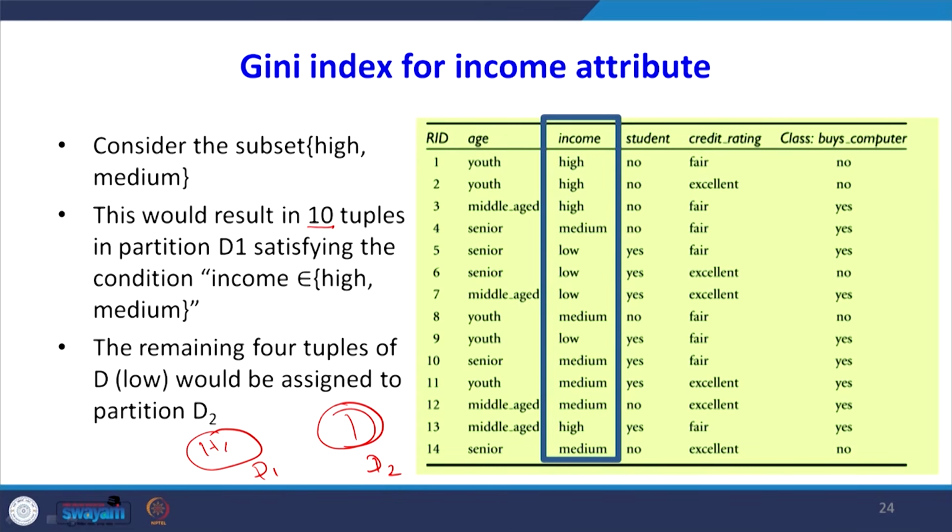High and medium are in one set, D1. Obviously the other will be low, which will be in set D2. There will be 10 tuples satisfying the condition, and the remaining 4 tuples of D would be assigned to partition D2.